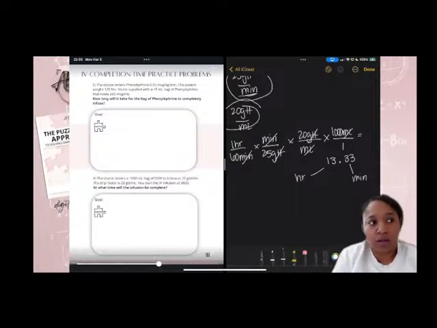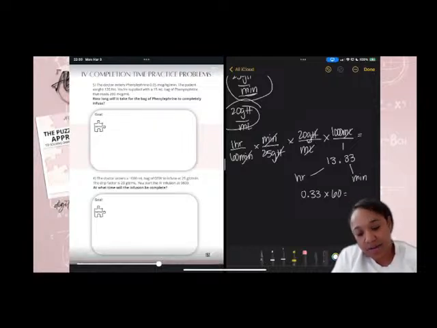I don't know. I'm going to multiply it times 60 to get the answer. So 0.33 times 60, because there are 60 minutes in an hour. 0.33 times 60 is going to be 19.8. So I'm going to round it to the nearest minute, which is 20 minutes, okay?